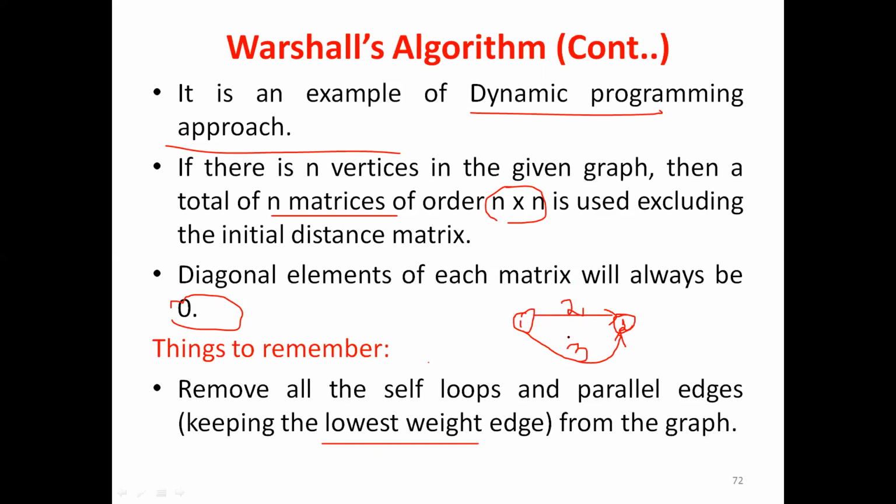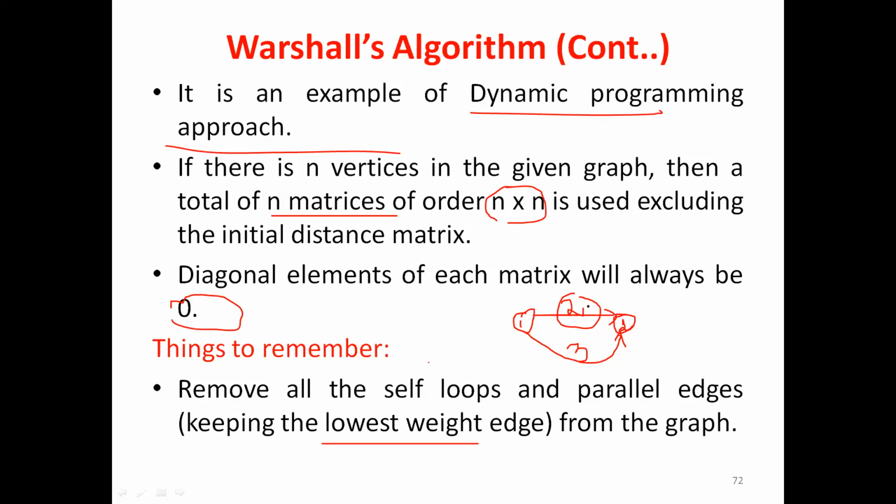So which one should I choose for the matrix? I will choose 2. These are the parallel edges, both directed in one direction only. There you have two paths to reach 2 from 1, with no vertex in between. That weight is 3, this weight is 2. I will choose this one, 2, for my matrix.